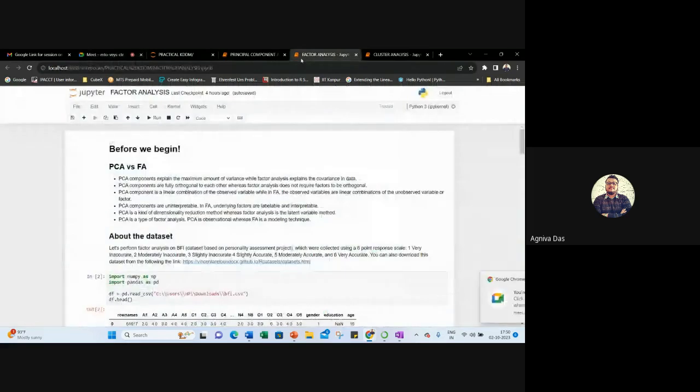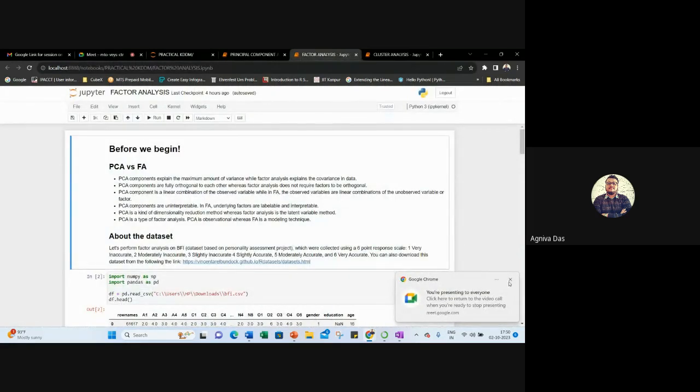Quickly, before we begin, we need to know the difference between PCA and factor analysis. In PCA, components explain the maximum amount of variance, while factor analysis explains the covariance within the data. PCA components are fully orthogonal to each other, whereas factor analysis does not require factors to be completely orthogonal.